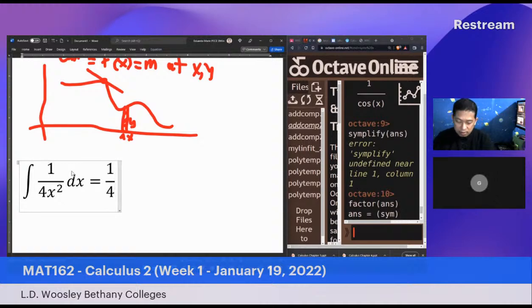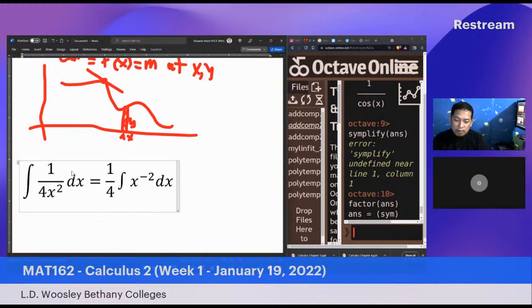Okay. Tapos x raised to negative 2 dx. Okay. Alright.